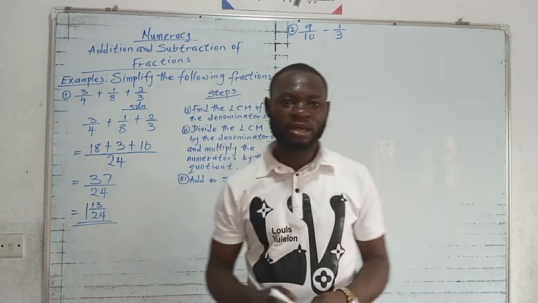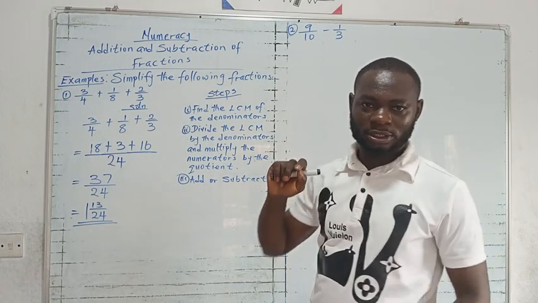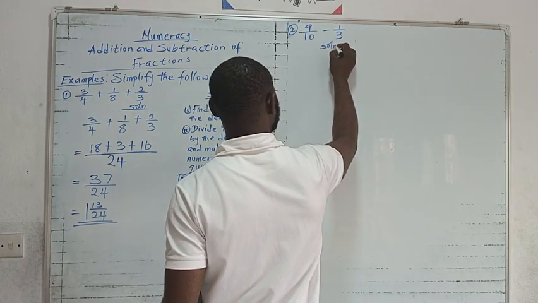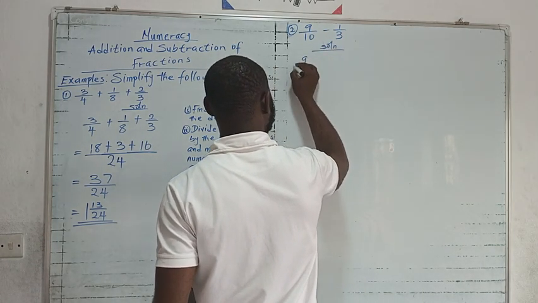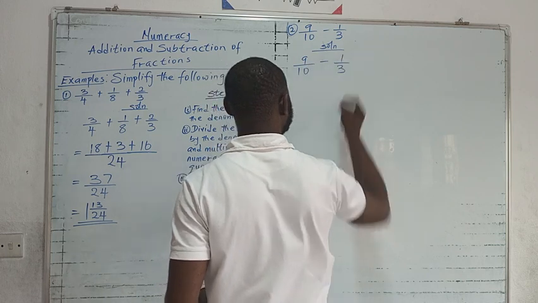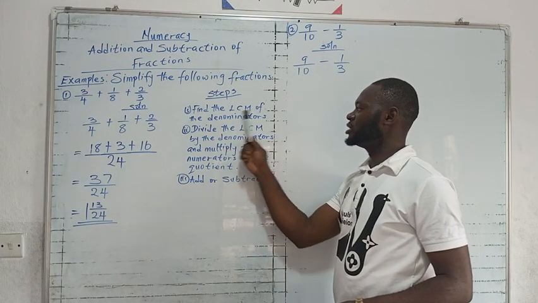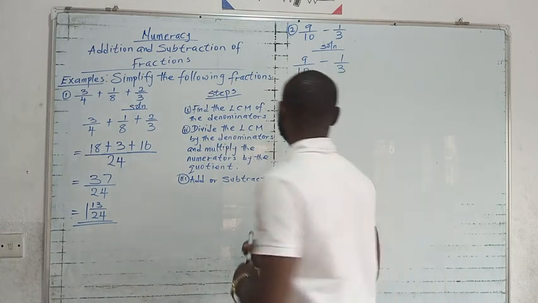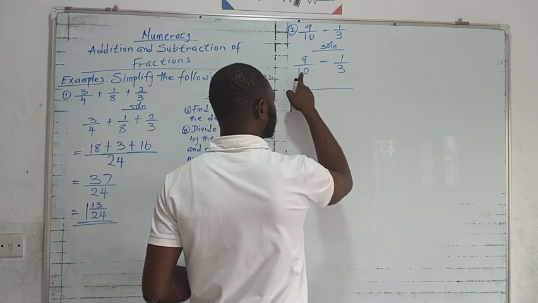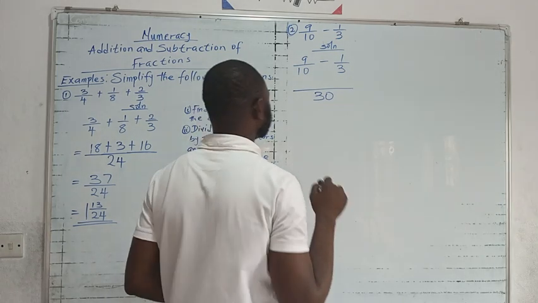We follow these same steps in adding and subtracting fraction to solve this. Okay? Now, solution. We have 9 over 10 minus 1 over 3. What's the first step? The first step says find the LCM of the denominators. Right. Now the LCM of the denominators, 10 and 3 is 30. You can check that out.